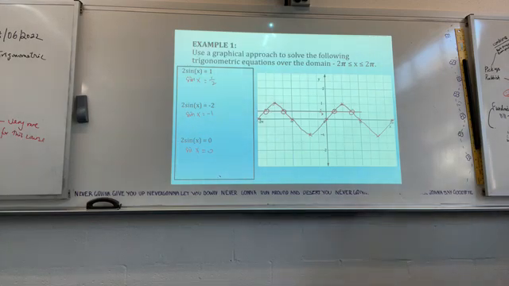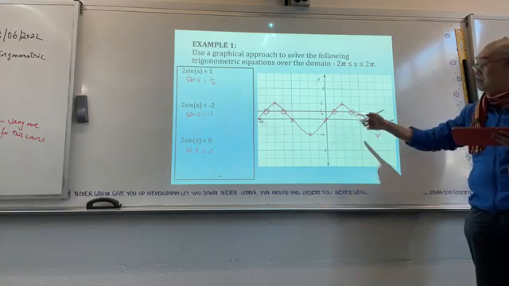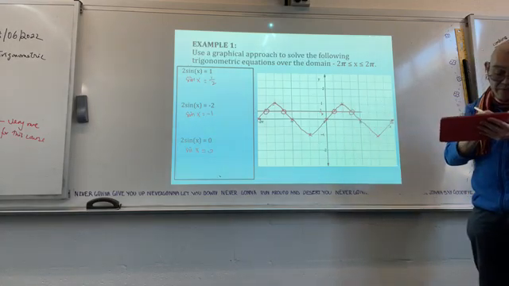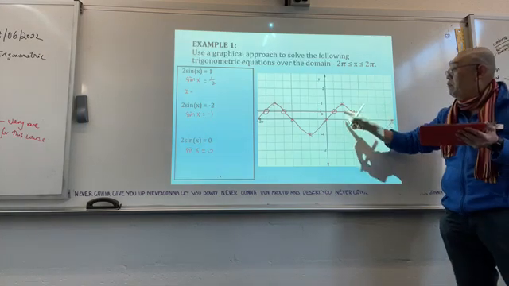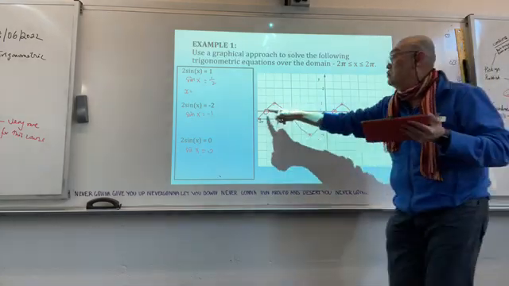So here, if this is pi, what would that be? Pi over 4, and this one would be 3 pi over 4, correct? What about those two?